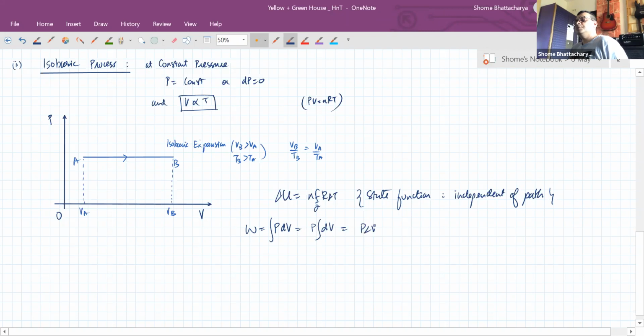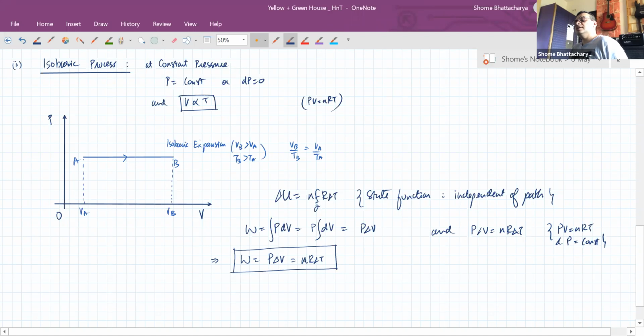So it becomes P delta V. And P delta V is also equal to nR delta T, because PV is equal to nRT and pressure is constant. So the work done is given by this relation, P delta V or nR delta T.